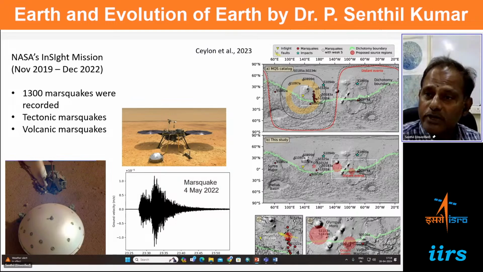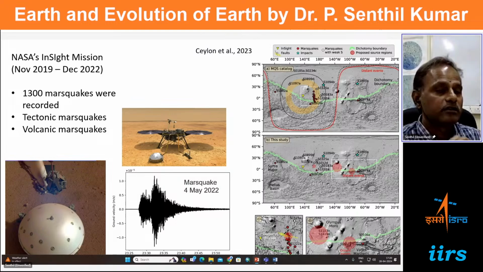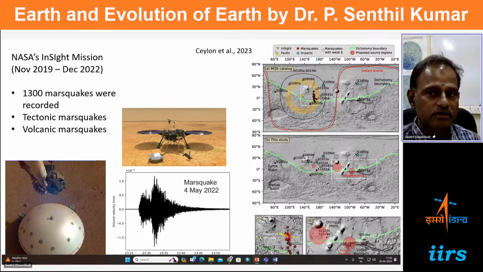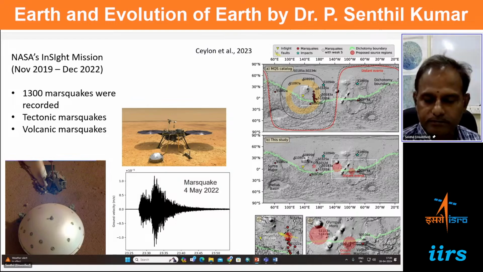You can see these Marsquakes occurring along active fault regions, but they don't show plate boundaries. So you don't have plate boundaries on the Moon and Mars. Therefore, you don't have plate boundary earthquakes on these planets.